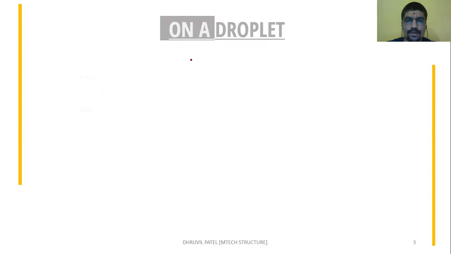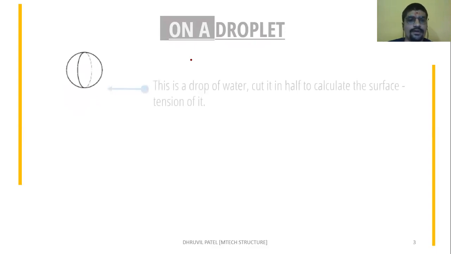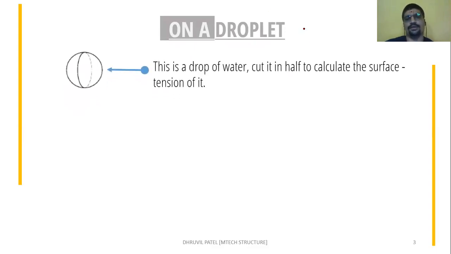This figure shows one type of drop of water. This is the drop of water. Cut it in half to calculate the surface tension. I have mentioned that we cut it in half to calculate the surface tension, because we will never calculate the surface tension of the full droplet.